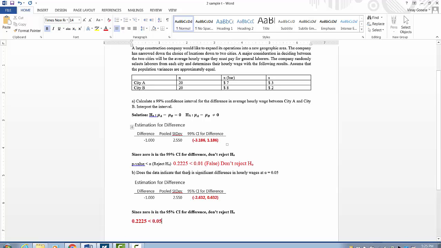The question says alpha is 0.05. Is it a true statement? This is false. This statement is not true. So don't reject H null.